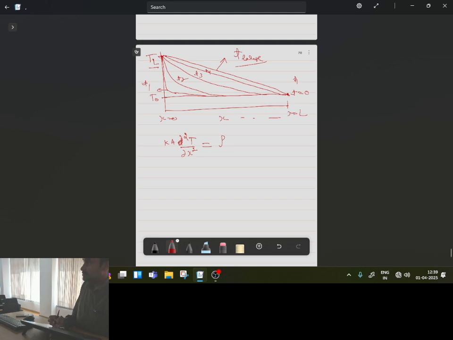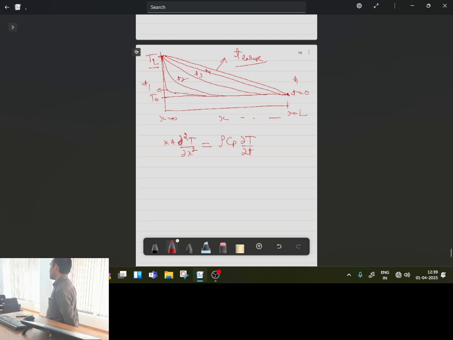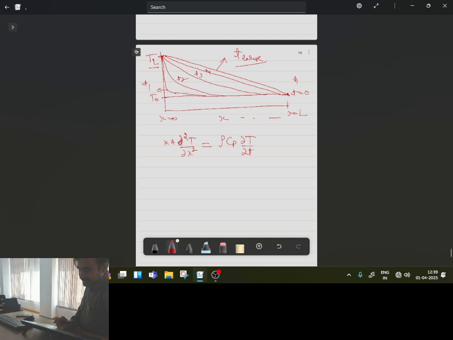Rho Cp into the rate of change of energy. So m Cp delta T is the amount of energy. Whenever I divide it by the time, it becomes the rate of change of energy.